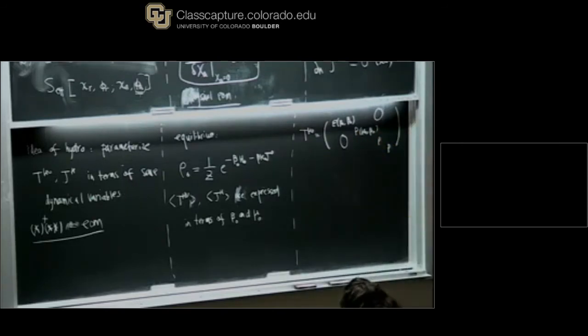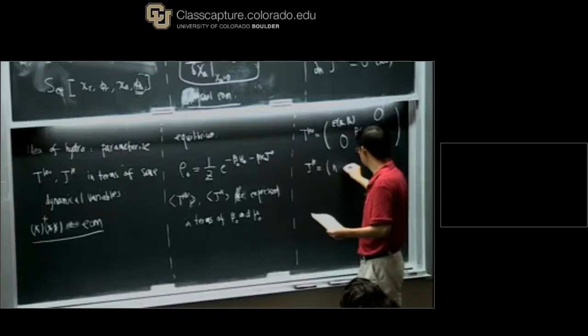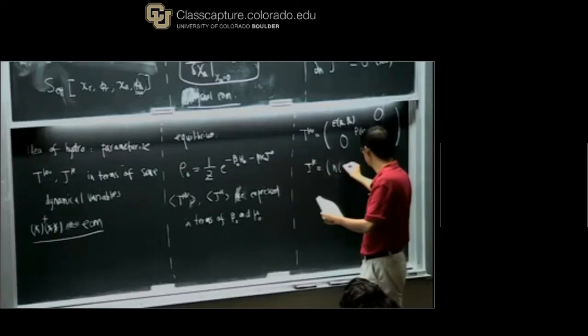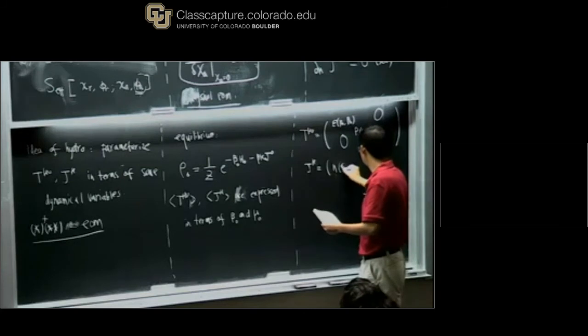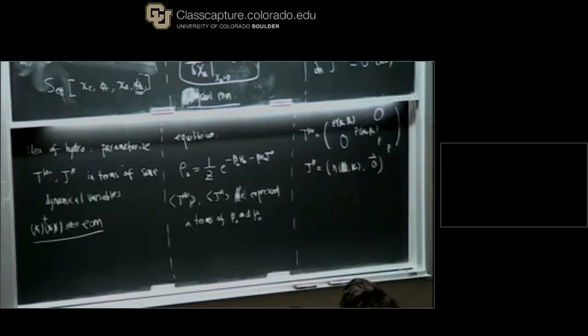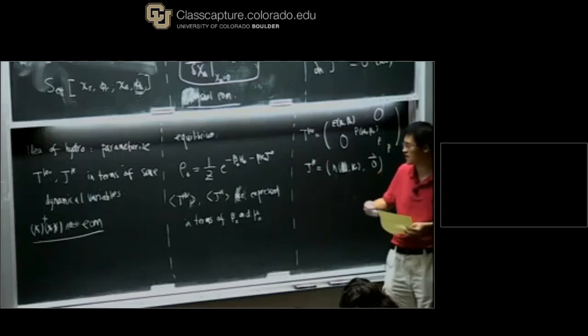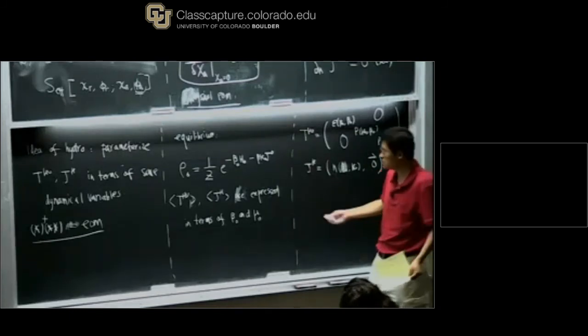And J^μ would be just equal to n, the charge density n(beta_0, mu_0), and then 0. J will have the following form. This is in the rest frame.